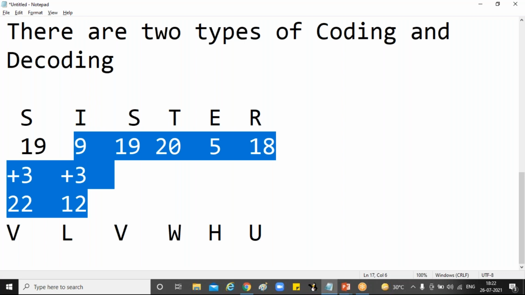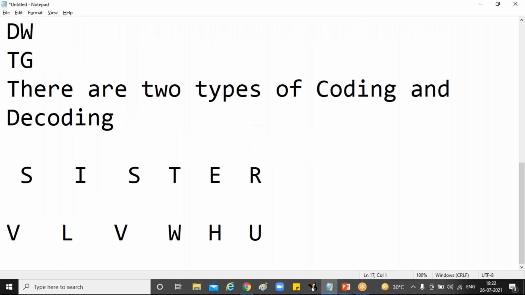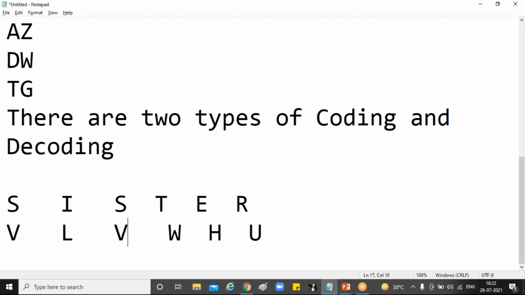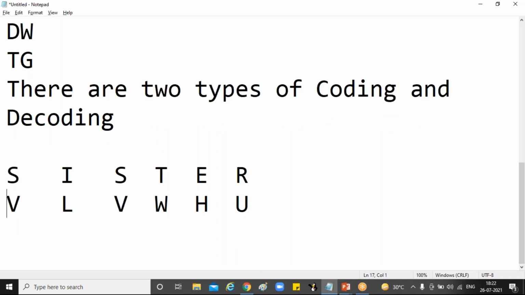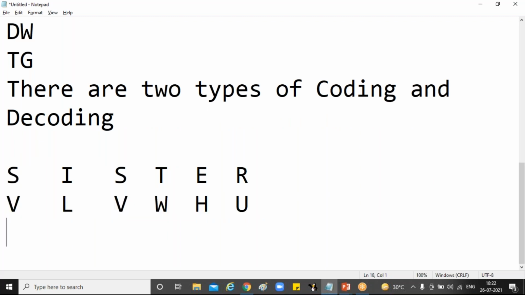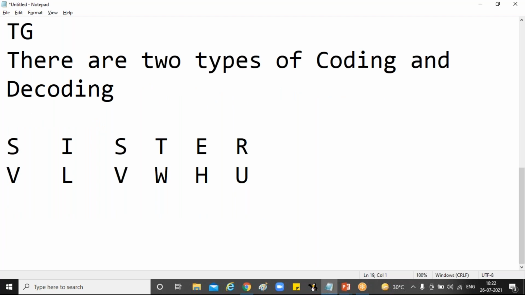So they mention in a certain language, SISTER is coded as VLVWHU. You have to identify how you can get VLVWHU from SISTER. By identifying the logic, you can write.